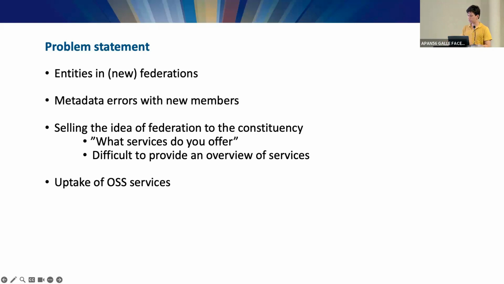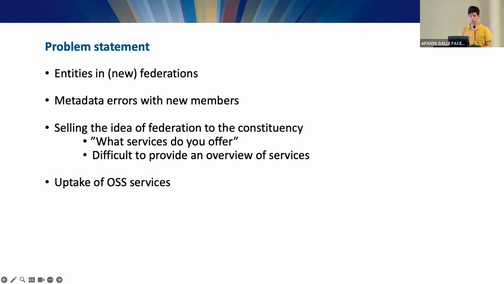But if you actually go into the detail and look into the numbers, the number of SPs, especially in federations, is still relatively low. And with low participation, there is not a lot of metadata. We see a lot of errors in metadata with recent joiners.